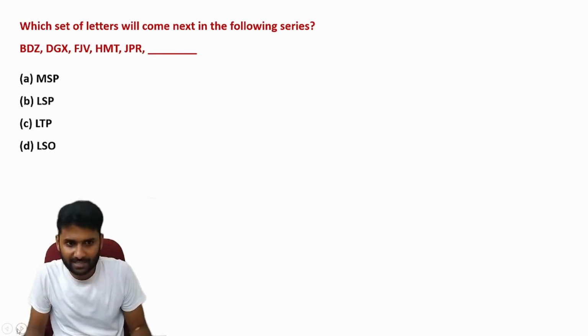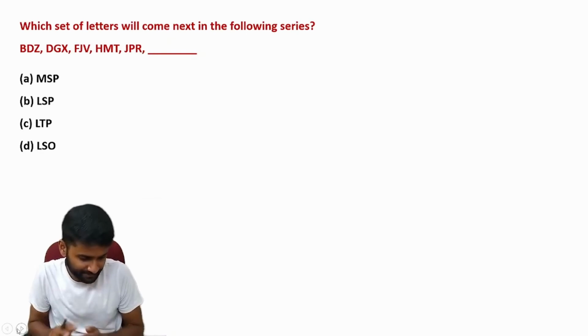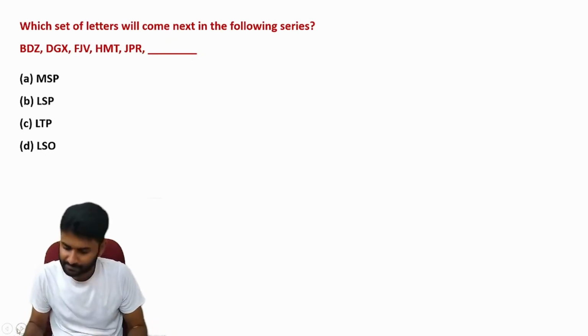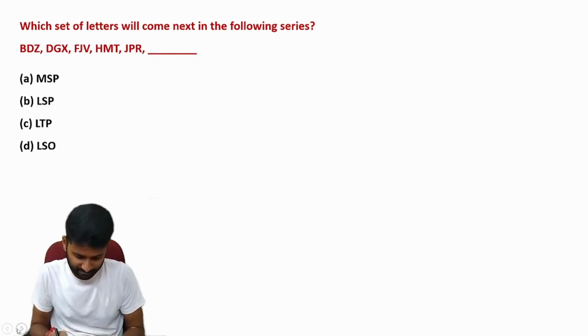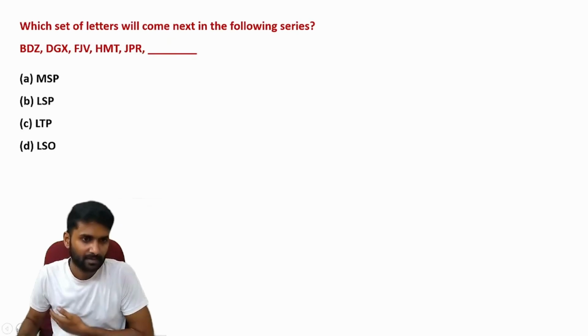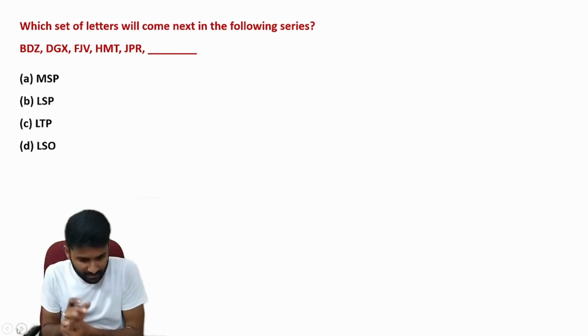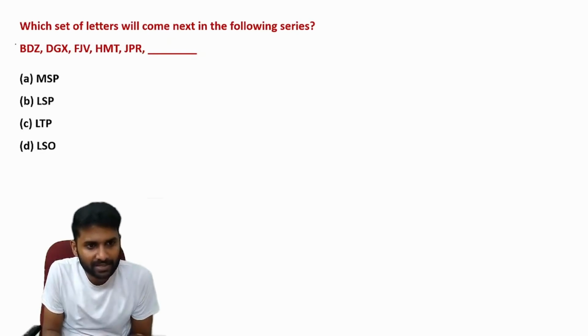Find the next three letters after JPR. So here, element to element: B, the second letter, fourth letter, sixth letter, eighth letter, 10th letter, so we require the 12th letter.